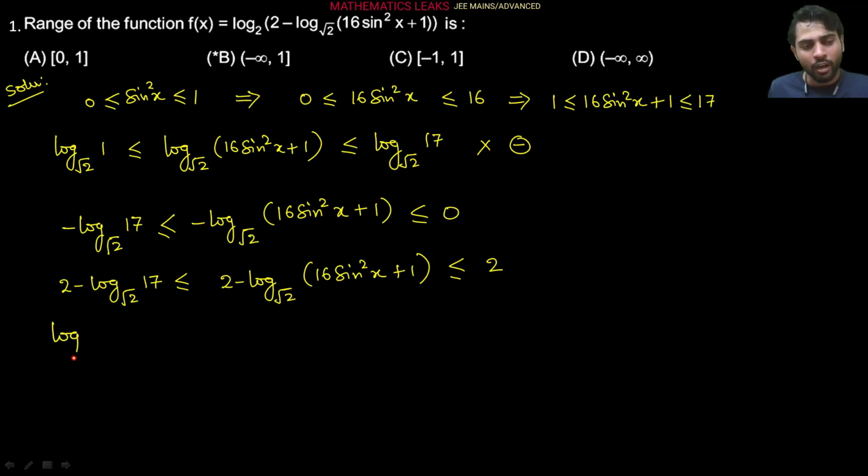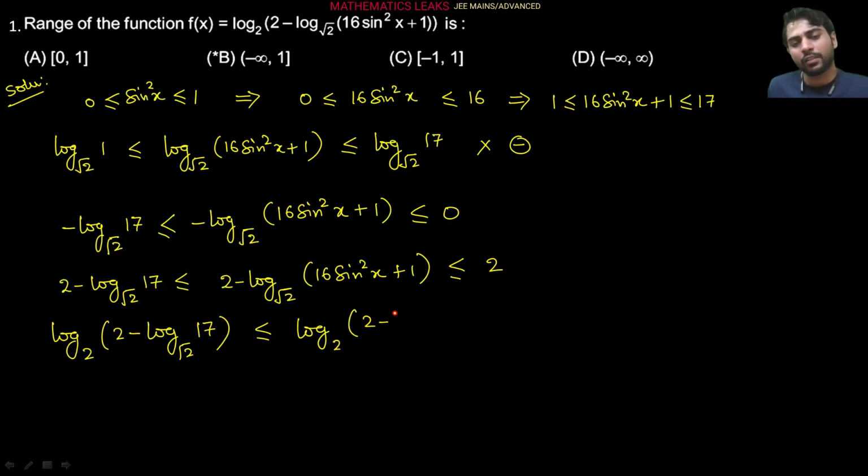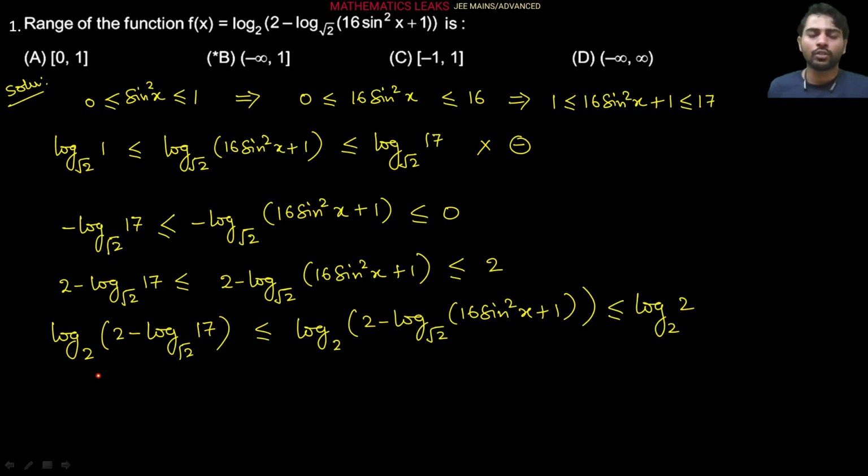So we will get log base 2 of (2 minus log base root 2 of 17) less than or equal to log base 2 of (2 minus log base root 2 of (16 sin²x plus 1)) less than or equal to log base 2 of 2. So we have taken logarithm base 2 on every side of this inequality, right?